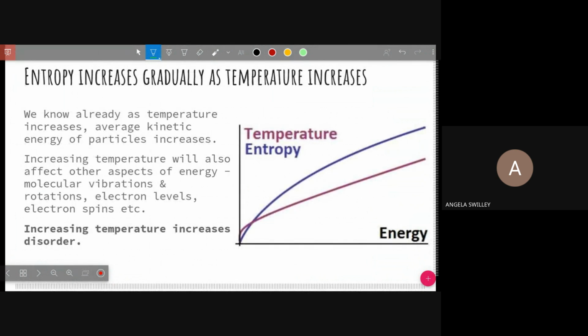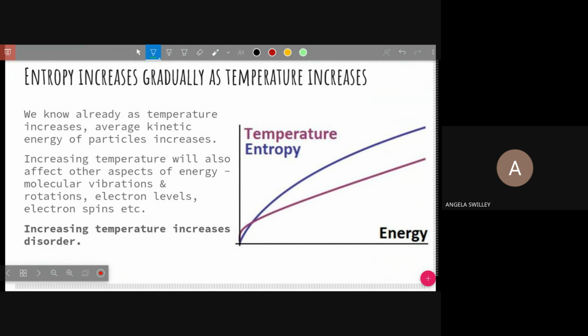Entropy increases gradually as temperature increases. This is an important relationship to know. We already know that as temperature increases, the average kinetic energy of particles increases. That means they're eventually going to be able to overcome the attractive forces that are holding them there, and it's going to cause more disorder.